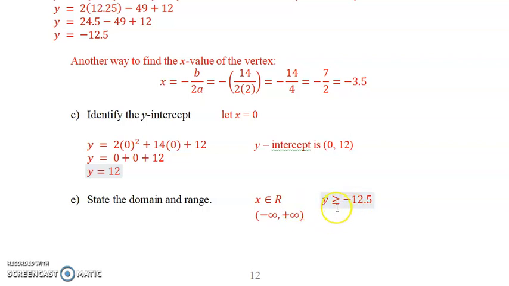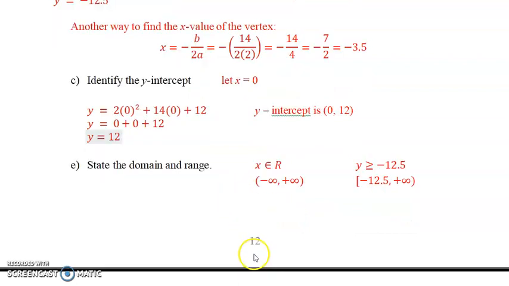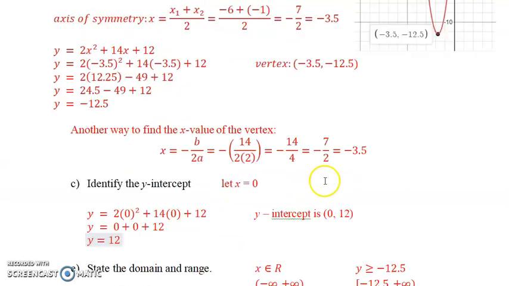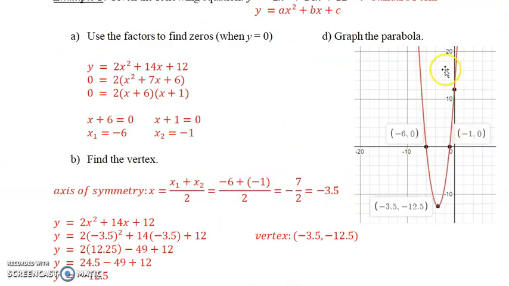And then for the range, this is where we show the square bracket. The lower number is a square bracket, and it's negative 12.5, and then it goes on forever to positive infinity, round bracket. So you can show either one you want. So these are the domain, and these are the range, right? Possibilities there.